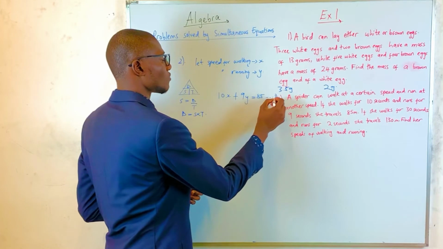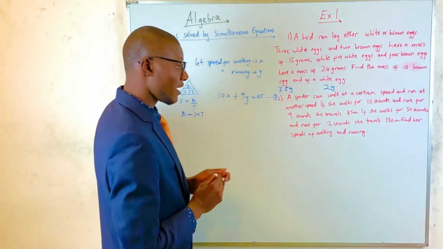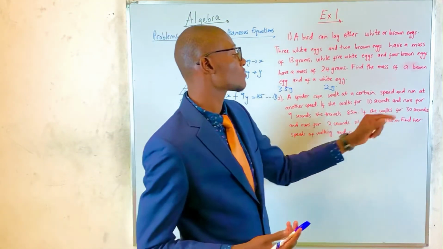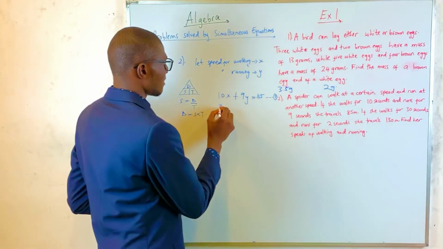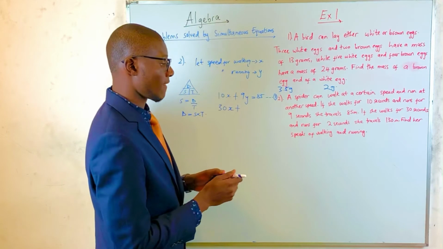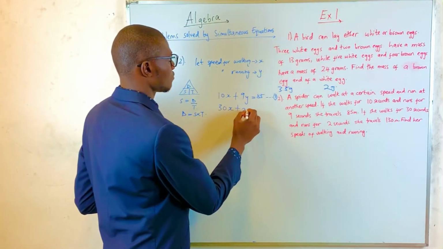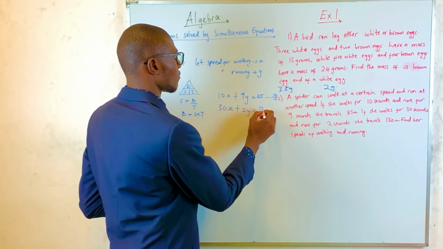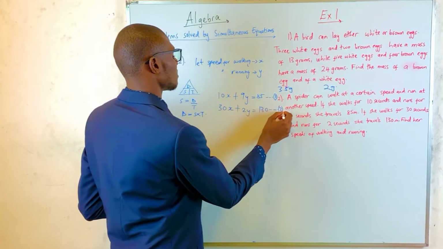So this is equation 1. For the second equation, she walks for 30 seconds, 30 times x, plus runs for 2 seconds, 2 times y, and this should be 130. So you can call this equation 2.